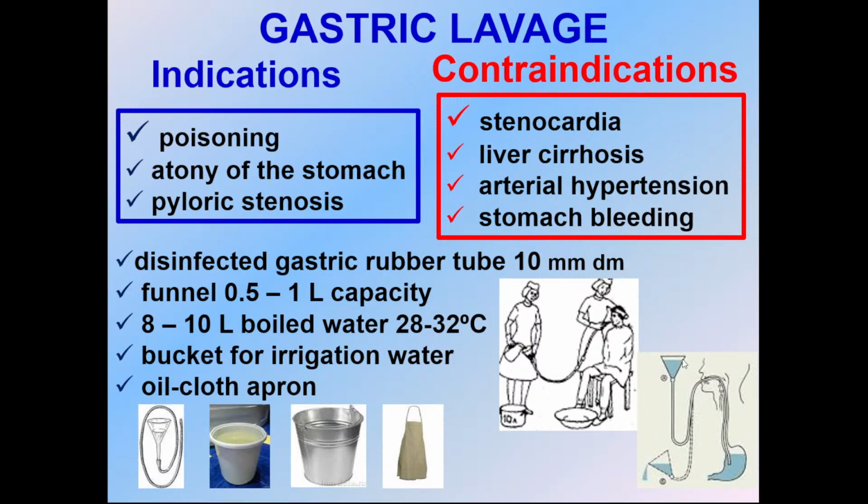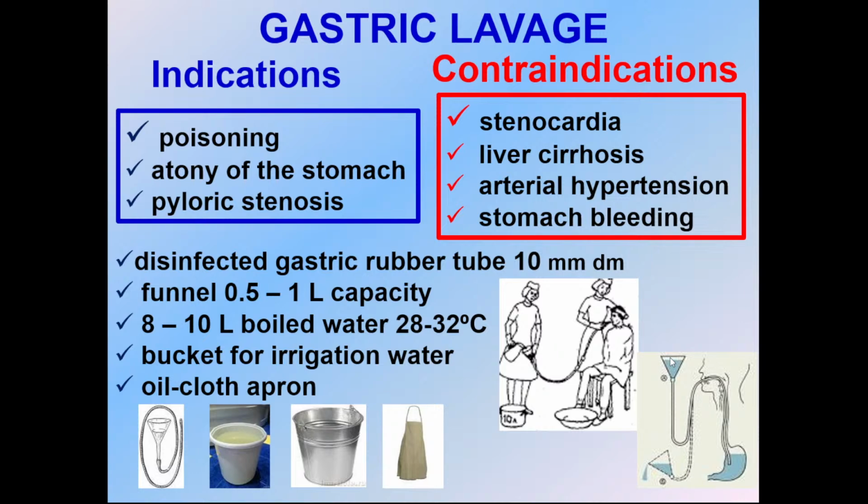Then we carefully move it down, and when the funnel becomes lower than stomach, water from the stomach easily goes out. We'll repeat this procedure several times until clean water. In other words, when the water removed completely resembles water which was introduced.